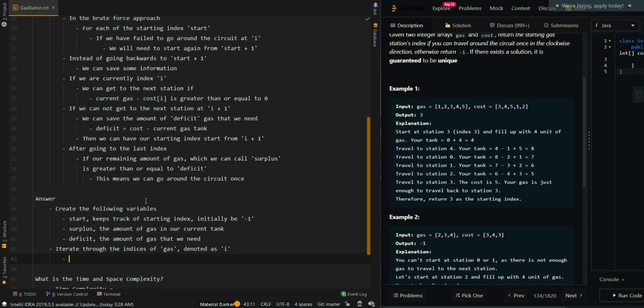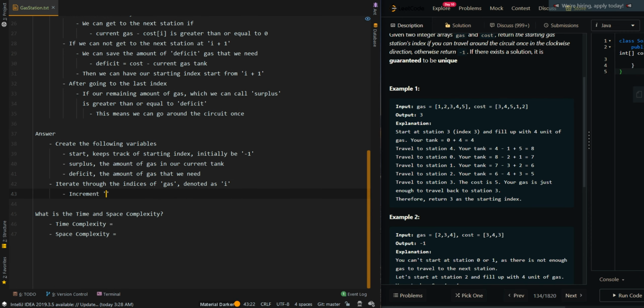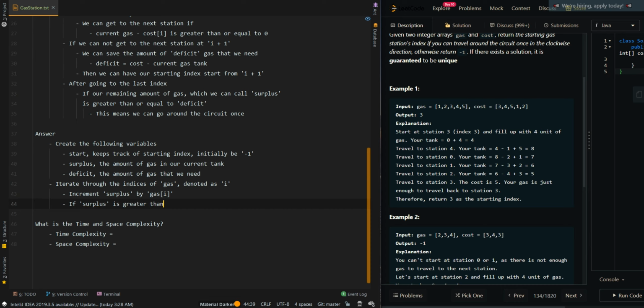Since we're at this gas station, we're going to increment our surplus by the amount of gas at the current station. Now we want to check if our current amount of gas will allow us to get to the next station.